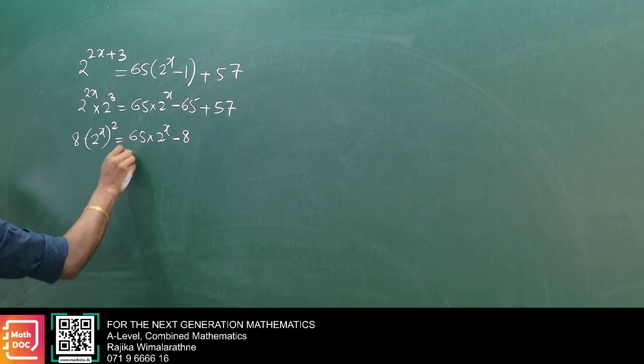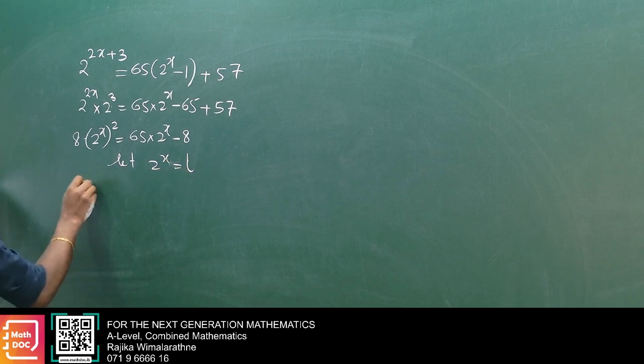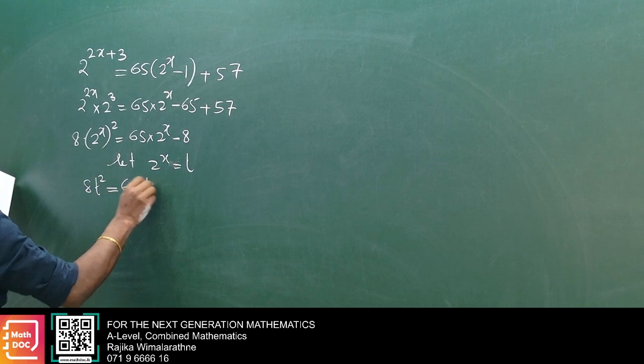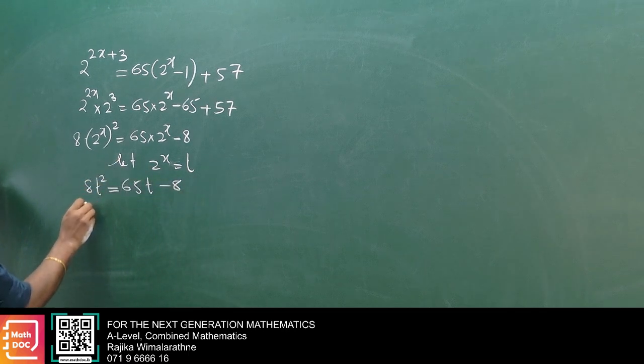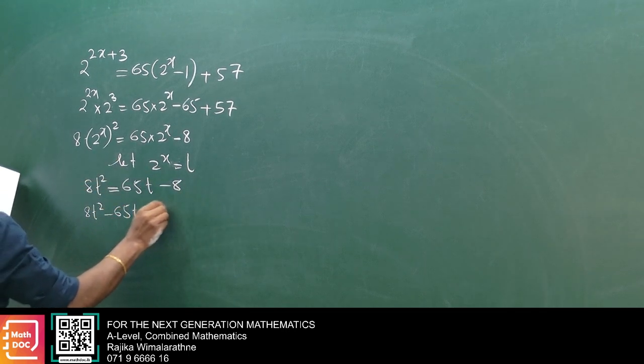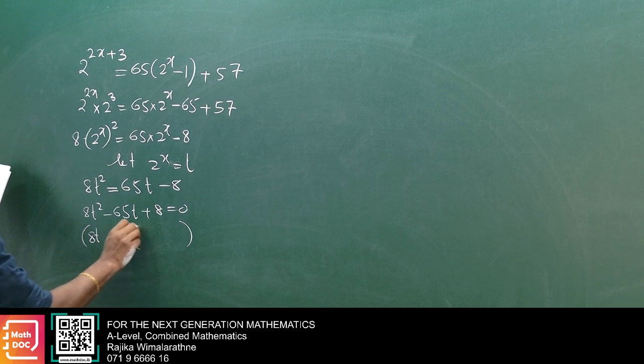Then let 2 to the power x equal t. Then 8t squared minus 65t minus 8. Take one side. Factorize: (8t plus 1)(t minus 8) equals 0.